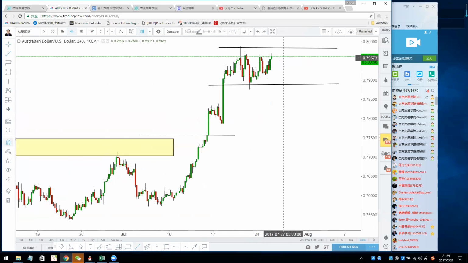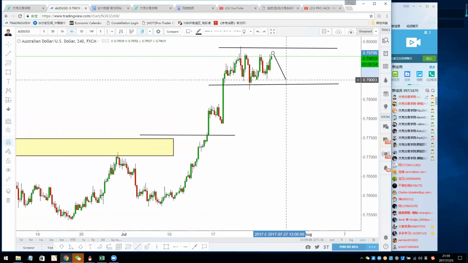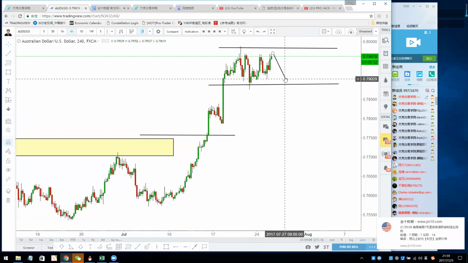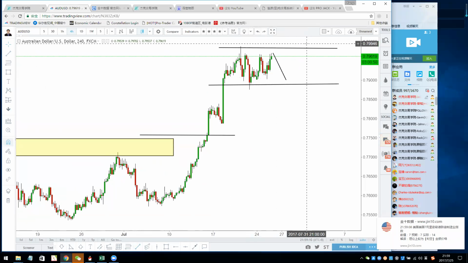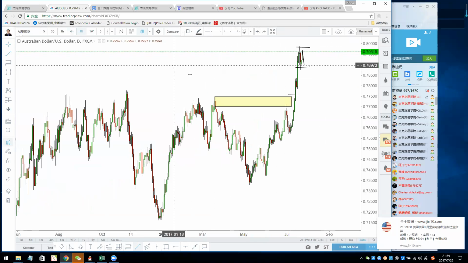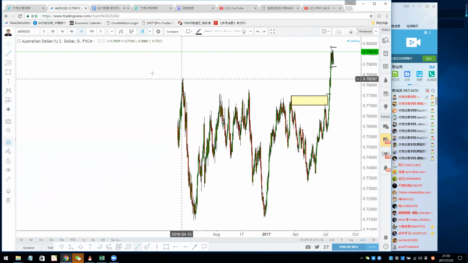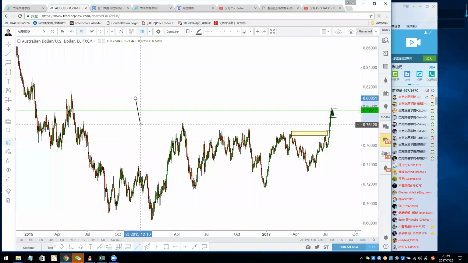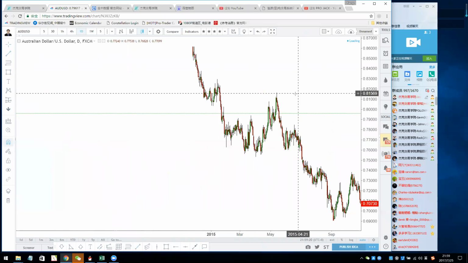If you want to buy, I prefer to wait for a drop to 0.79 to buy. If you want to sell, you need to go to the daily chart and look left. Where is the potential selling zone?